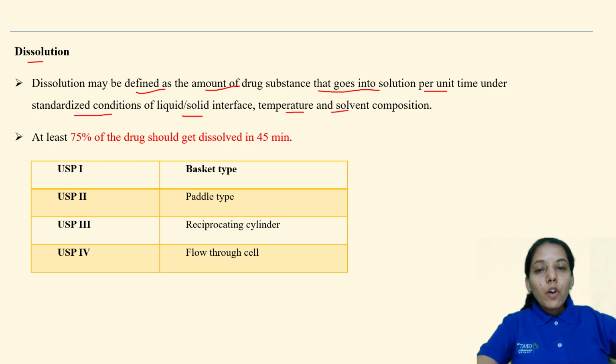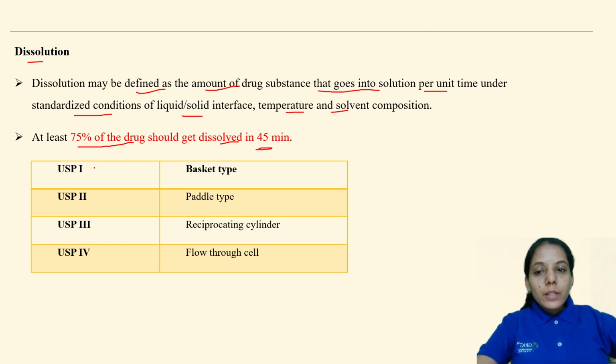So how much of the drug goes into the dissolution media is measured. At least 75% of the drug should get dissolved in 45 minutes. That is the limit for dissolution.